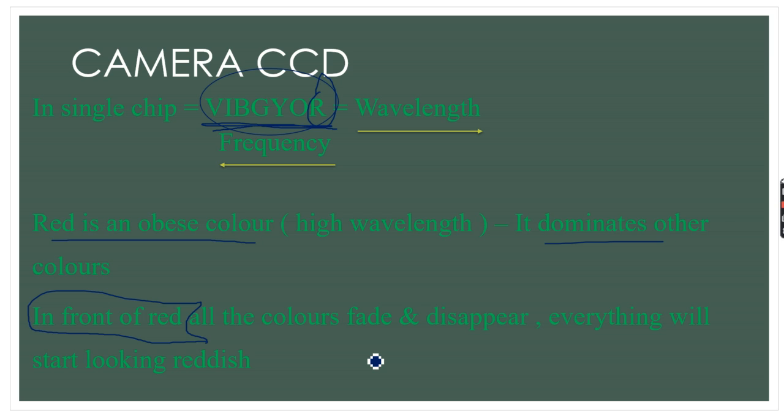So the take-home message is, whenever we are operating and everything is going fine, with no bleeding, even the single chip camera is better. But if it starts bleeding, the best option is the 3-chip camera, right? In the 3-chip camera, all the colors appear.